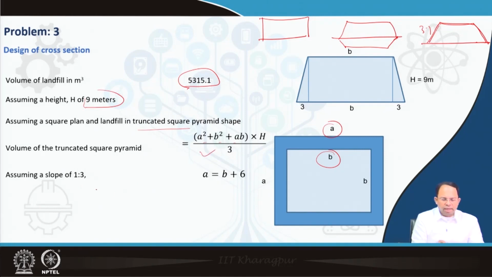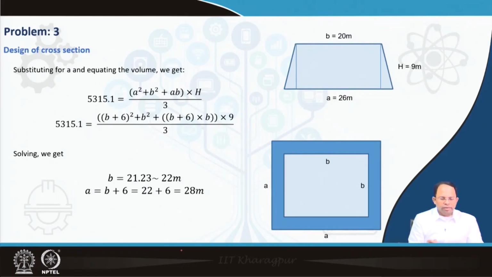And when we calculate it, assuming a slope of 1:3, a is equal to b + 6. This is 3 meters on both sides. So b + 6 is a, and we can estimate it over here. We can replace each a with b + 6, right?